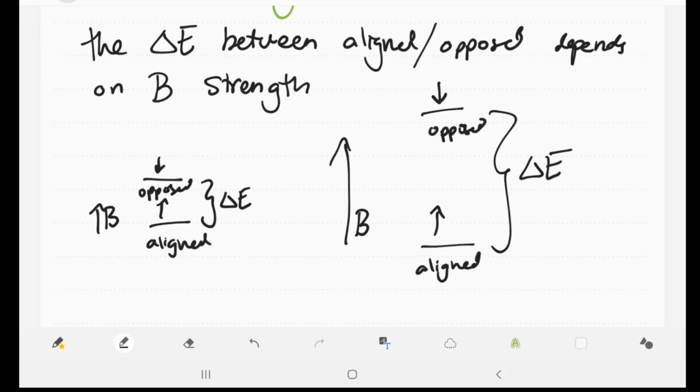We're going to see that having a larger energy gap means it's easier to resolve your signals.